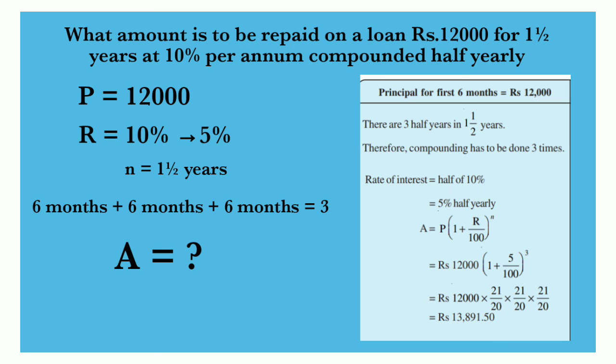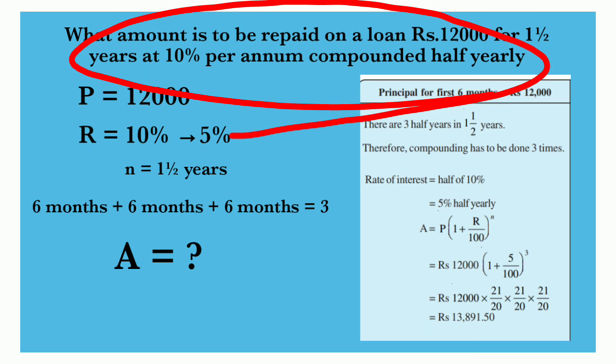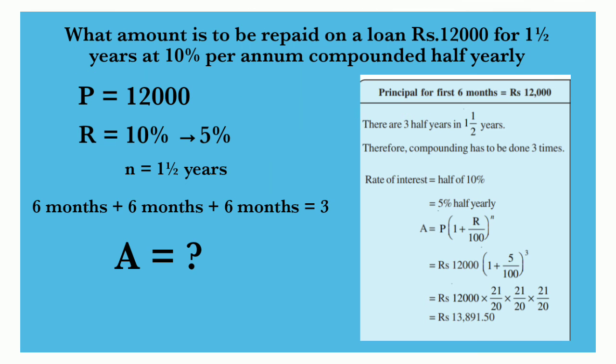Then some banks calculate compound interest half yearly. Half yearly means after 6 months. After 6 months, the bank will give the interest. So here we have a problem. What amount is to be repaid on a loan of rupees 12,000 for 1.5 years at 10% per annum compounded half yearly?